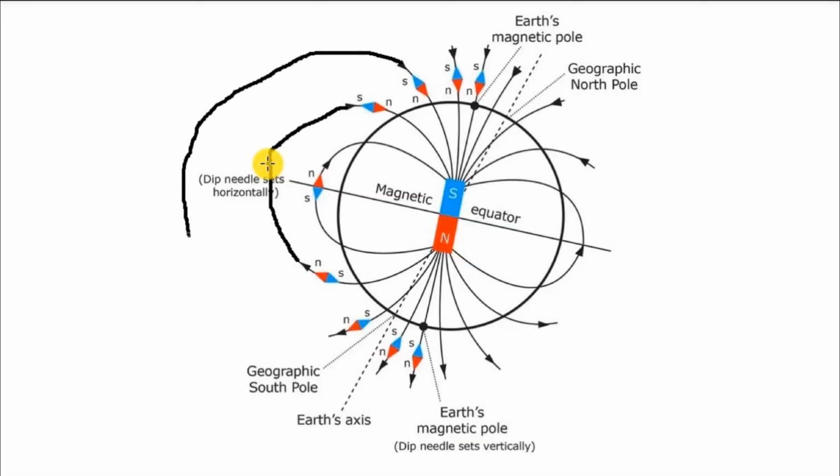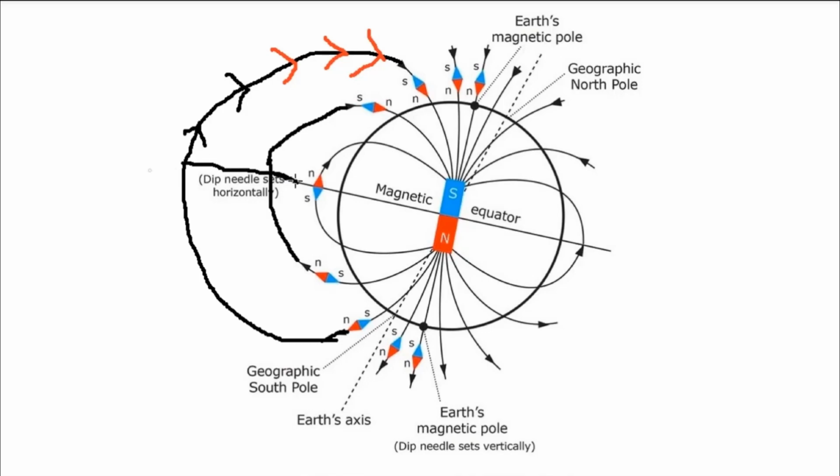Right? Let's discuss the angle of dip. What is the angle of dip? If we freely suspend a magnetic needle, it will create an angle with the horizontal at any place on the earth. That angle is called the angle of dip. Right?